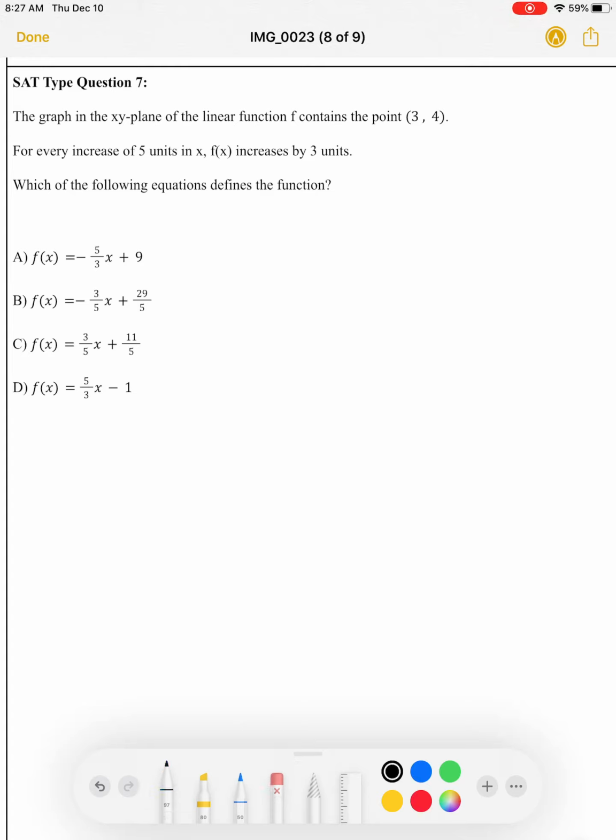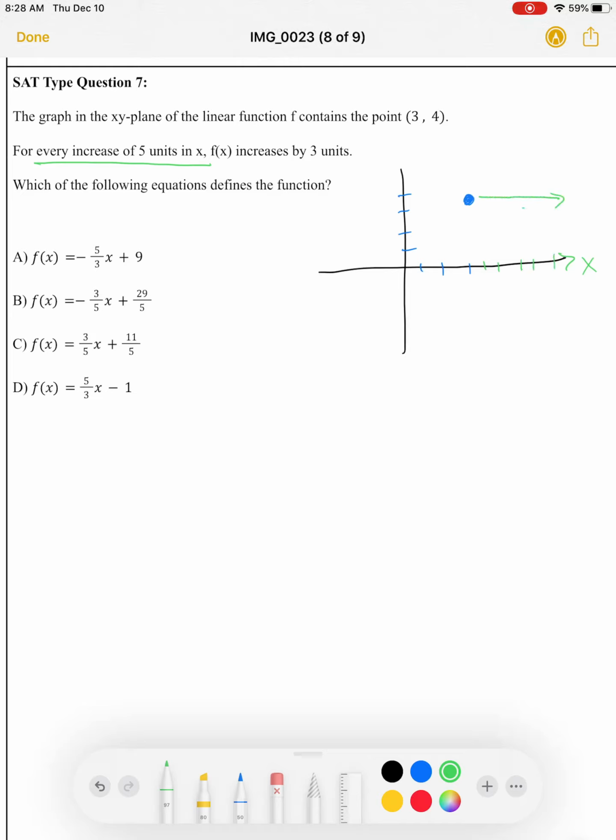For every increase in x, if we draw a graph here, it passes through the point 3, 4, so 1, 2, 3, 1, 2, 3, 4, we have the point 3, 4 right there. For every increase in 5 units in x, so that means on the x-axis, we increase 5 units. So 1, 2, 3, 4, 5.